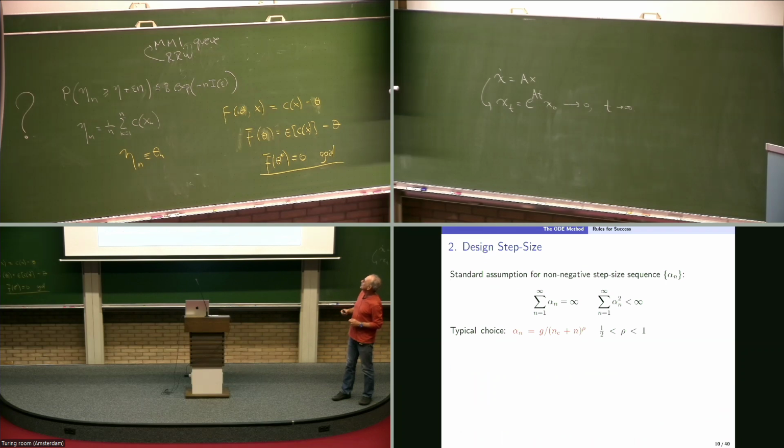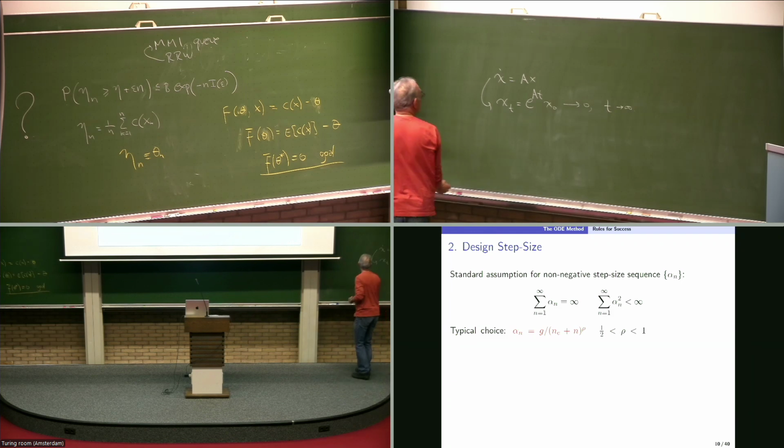So here's a funny rule. Here are the standard assumptions that you'll see in Borkar's book, everyone, since they were born. The step size that appears, the summation of the step size.